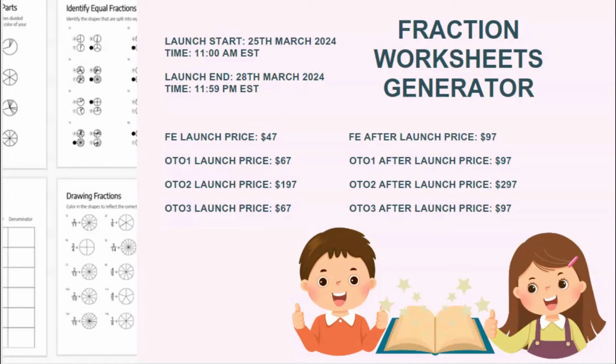So you can see the value that this launch provides, because it's just so much cheaper to buy this app during the launch. And then the third upgrade is basically a set of icons and illustrations that you can use to make your book even better. There's at least 500 illustrations and at least 500 icons.